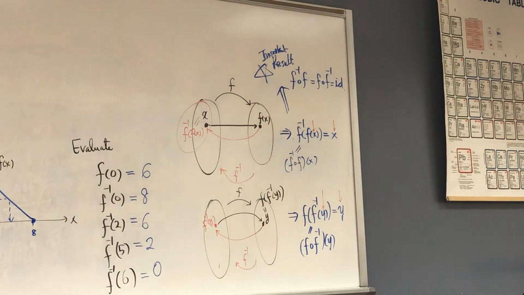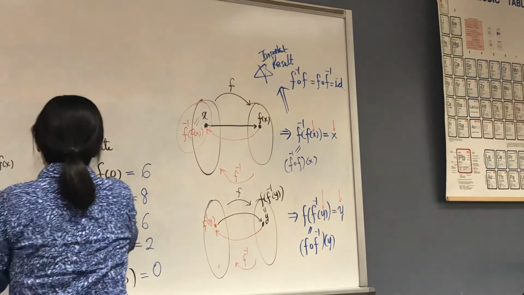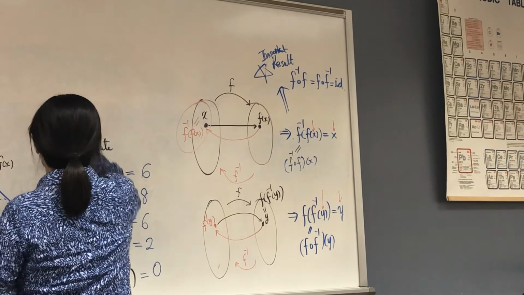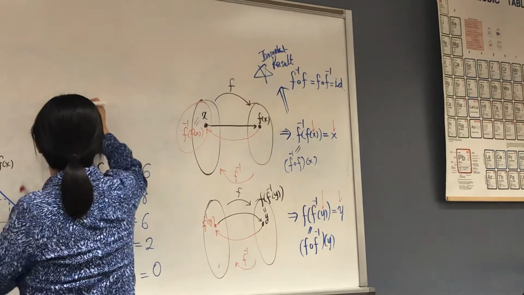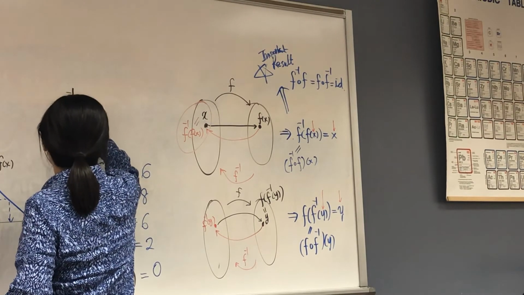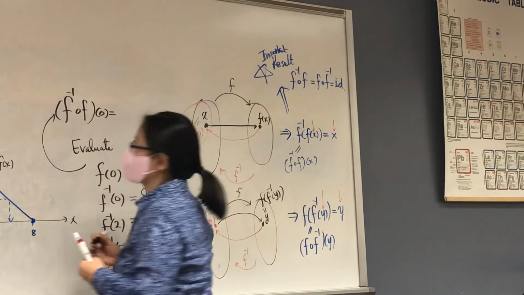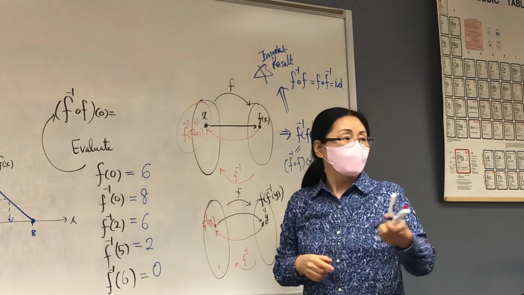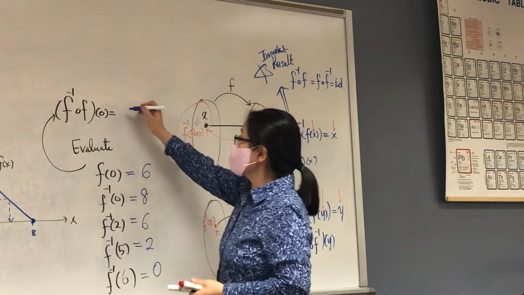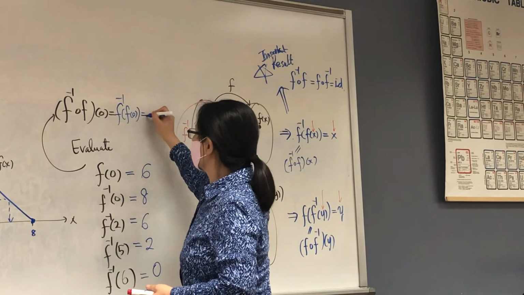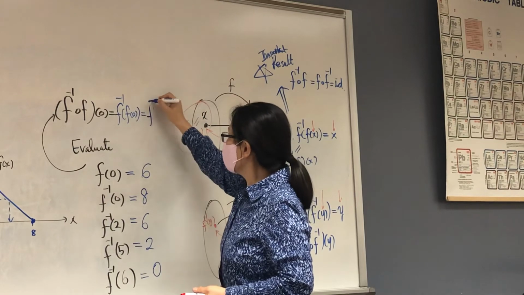Here, let me ask more. How about f inverse composite f of 0? If we rewrite it, this is f inverse of f of 0. f of 0 is what? f inverse of 6.